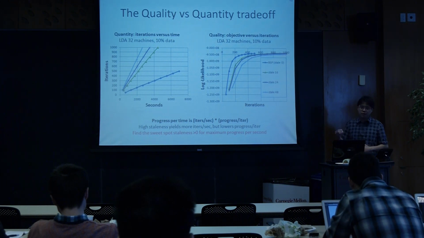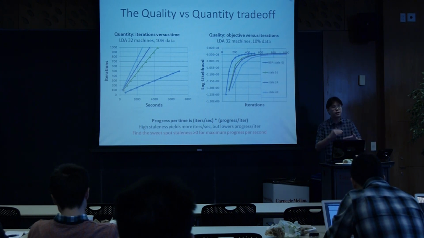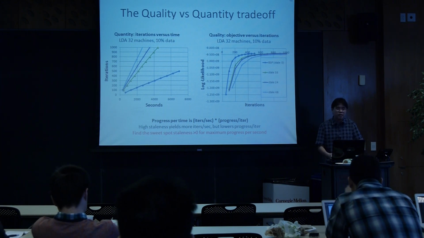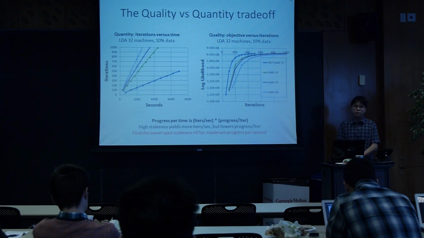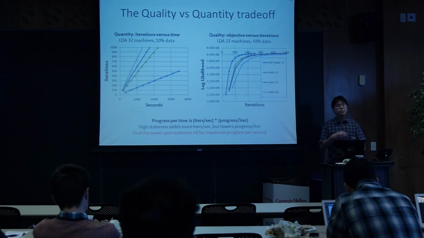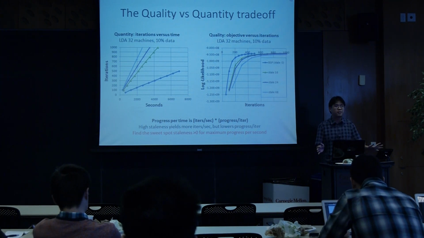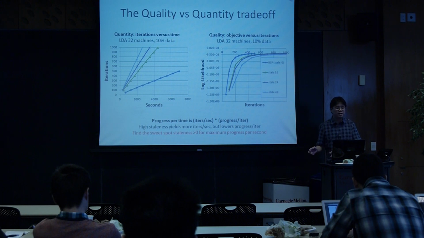As you increase the staleness, the time spent waiting for network traffic drops, so you execute more iterations per second. However, because you've increased the error bound, you lower the progress per iteration. The idea behind SSP is really to find this sweet spot that's usually greater than 0, and not infinity either, that will yield maximum progress per second.